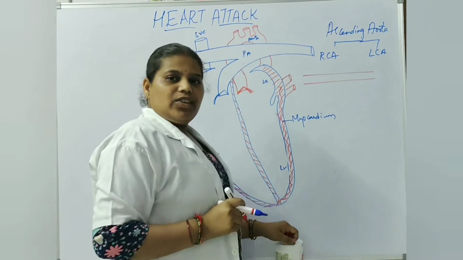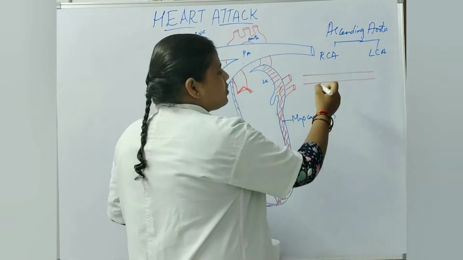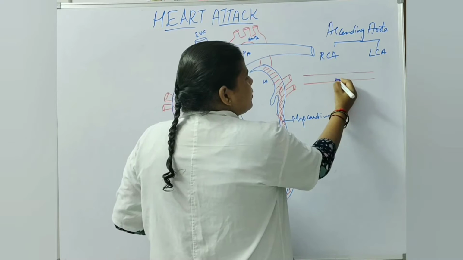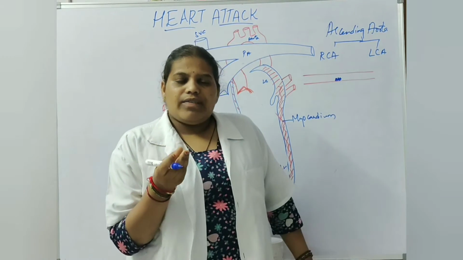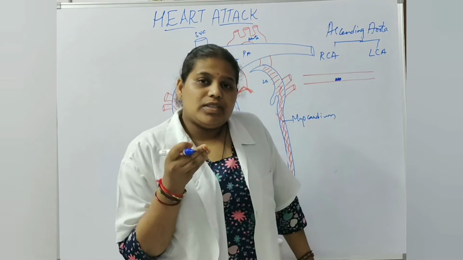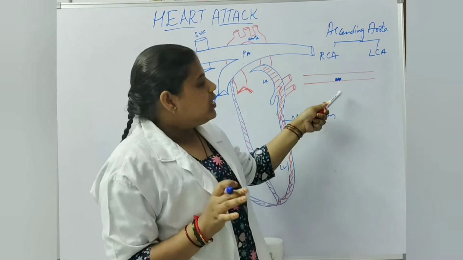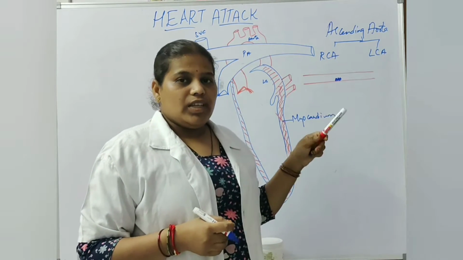Here we have a coronary artery. This is a coronary artery. There is a formation of some plaque. What is a plaque? Some white tissue, or a deposition of fat in the coronary artery. For the supply of blood to the myocardium, it has to be supplied by the coronary artery only.